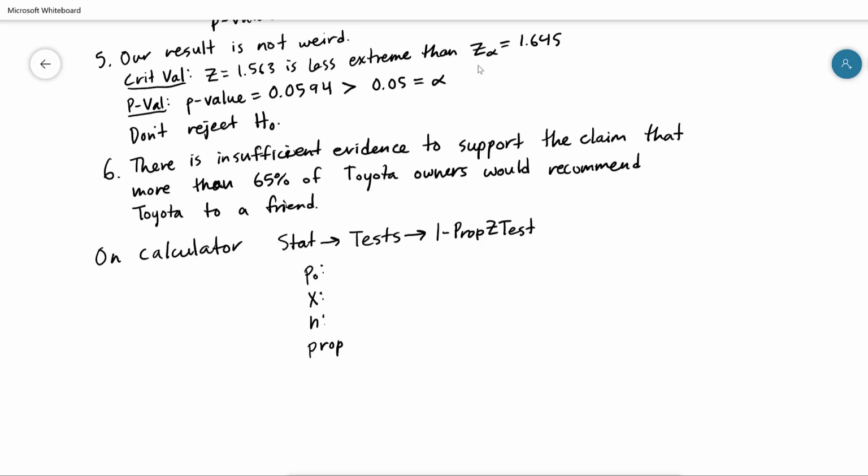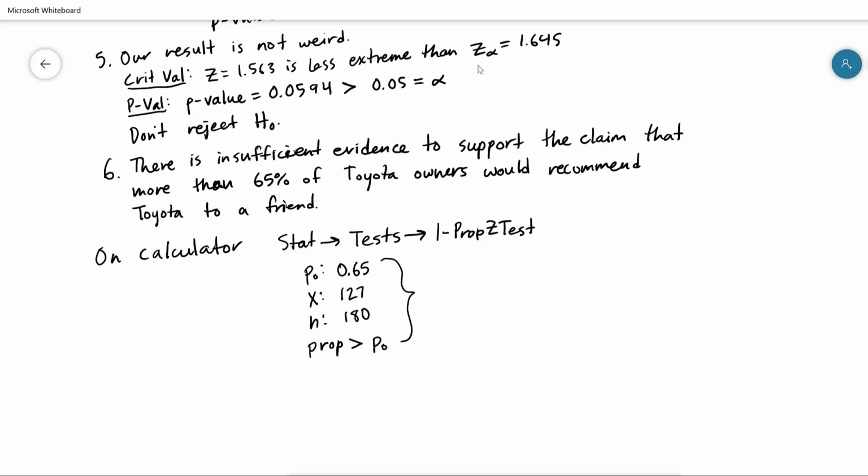So let's go through and fill all of these out. The p0 that we want to use is 0.65. X was 127 out of n, which was 180. And we want our proportion to be greater than this 0.65, so greater than the p0. So that is the form that we take. Hit calculate.